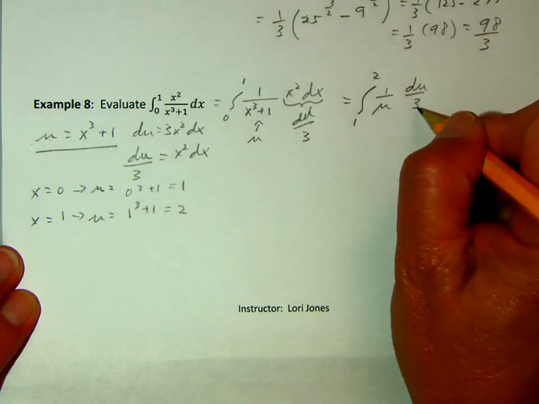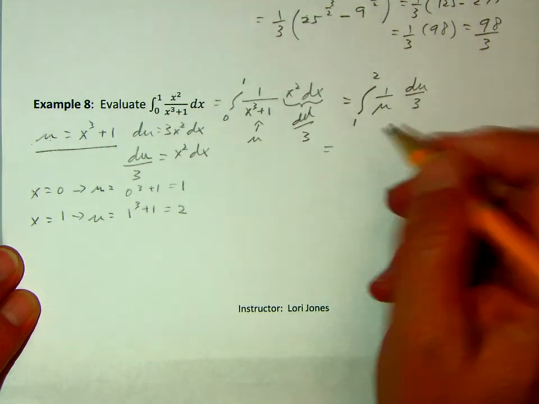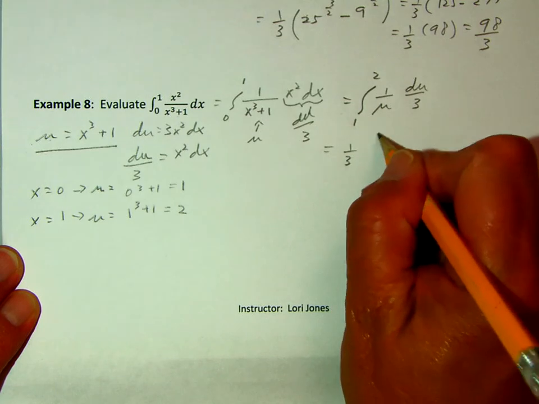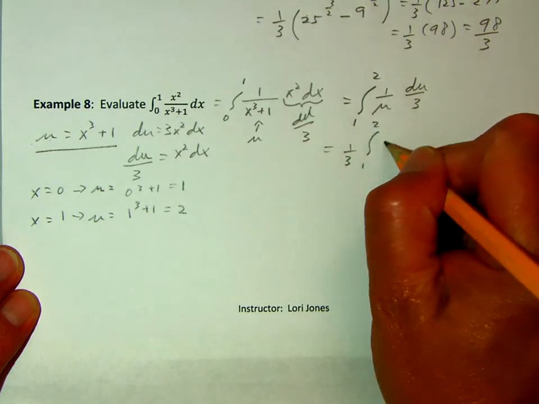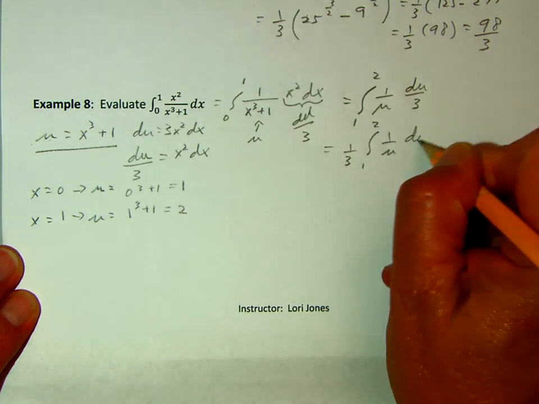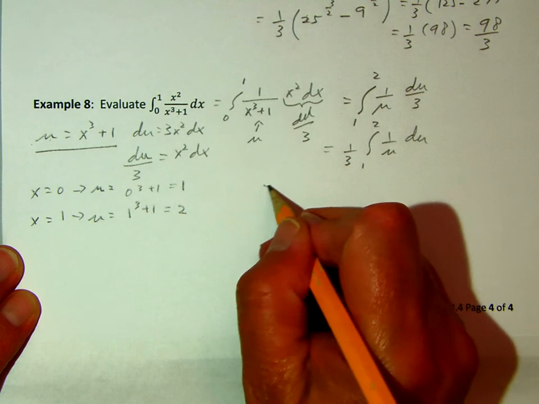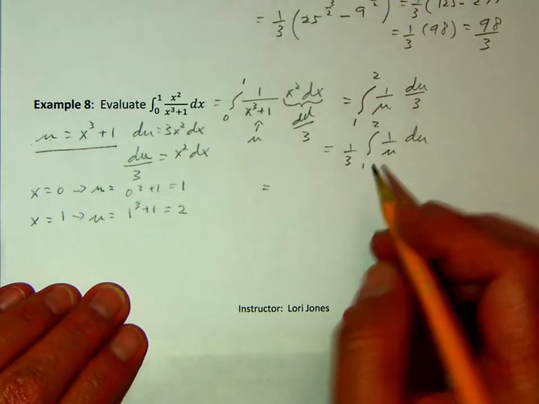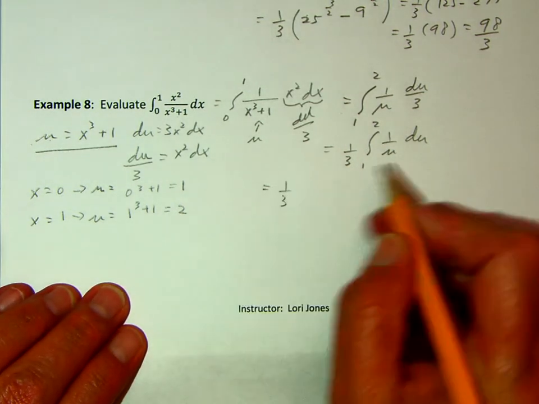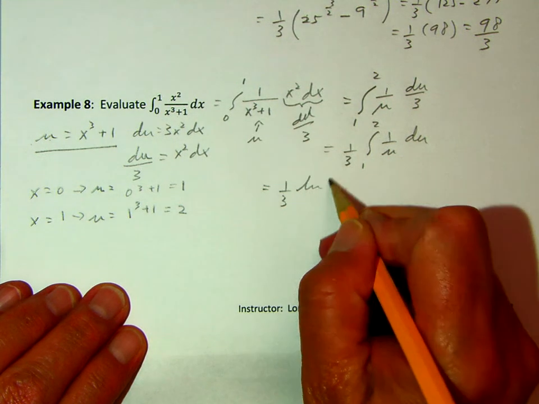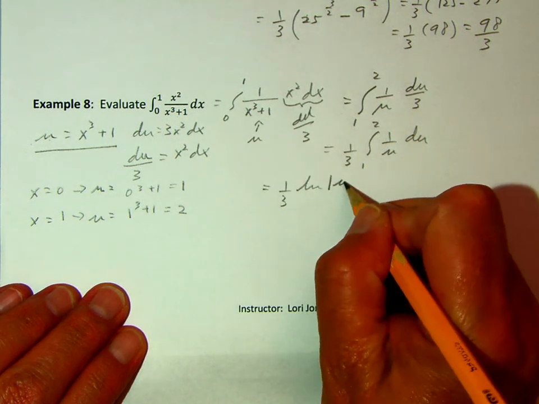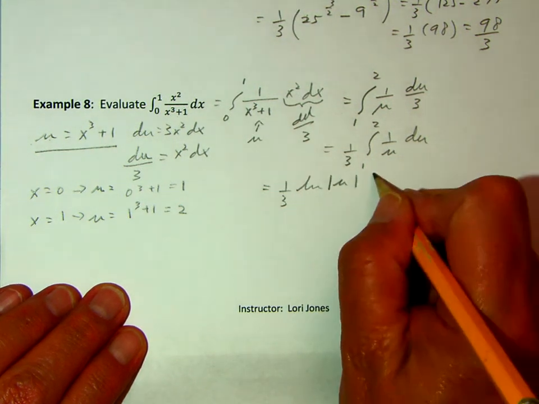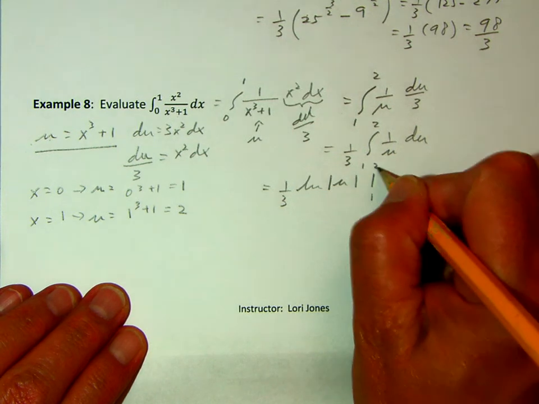Pull that constant out, that would give me 1/3 the integral from 1 to 2 of 1 over u du, which of course we immediately recognize. Keep the 1/3. This would be the natural log of u evaluated from 1 to 2.